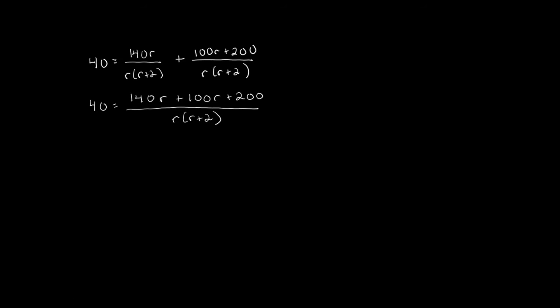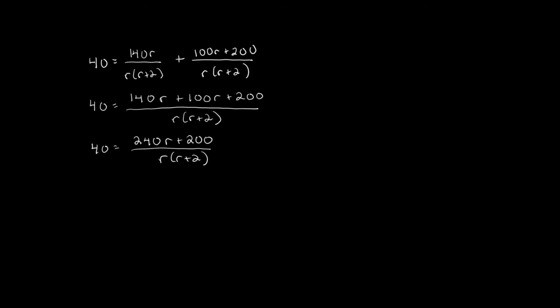So when I combine them, I can put them in a single fraction, and then I can add my like terms. So I can do the 140 plus 100. That will give me 240R plus 200 over R times R plus 2.